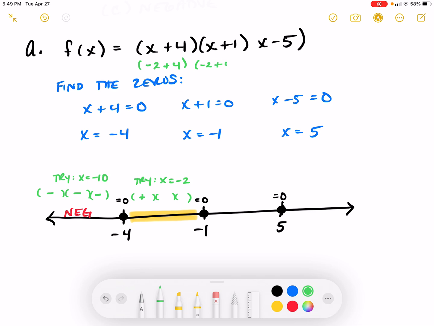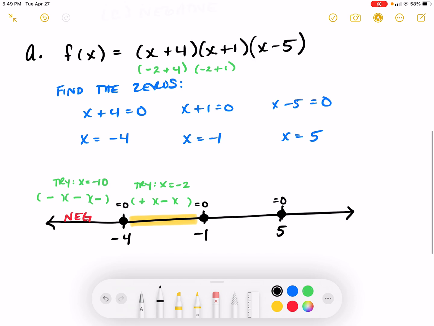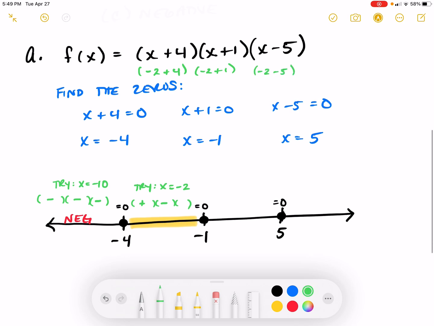This is negative 2 plus 1. Well, in this case, the result is a negative for this middle factor. And here, we are going to plug in negative 2 and subtract 5, which I can quickly see that that result is going to be a negative. So what happens when we multiply a positive times a negative times a negative?